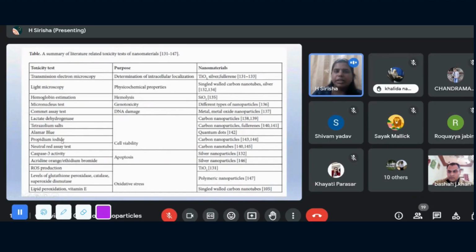All these tests can be done to find out whether the cell is alive or dead, whether the DNA is damaged at the nucleotide level, or whether genotoxicity conditions are causing cancer-like conditions. By using these tests, this can be confirmed. It also causes oxidative stress-like conditions, which is used in the study of reactive oxygen species.